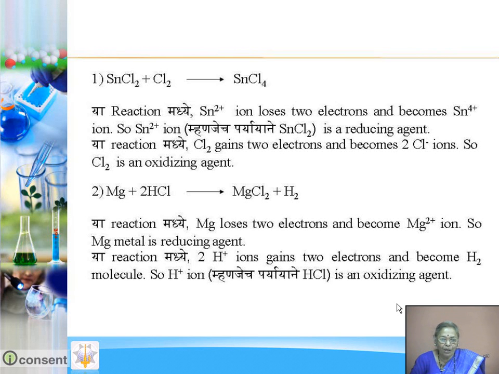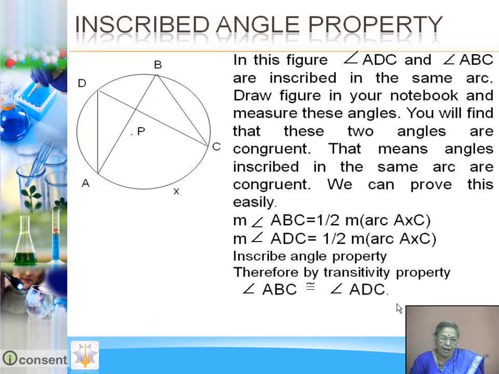Observe the diagram and write your answer in your notebook. Here, one more property is given. Inscribed angles are formed. How many inscribed angles are formed here? 2. In which arc they are formed? They are formed in the same arc.